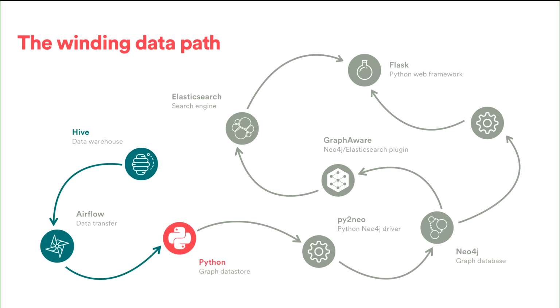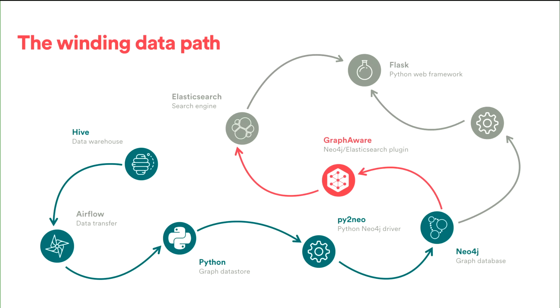And in that, we compute the PageRank of the graph, and this significantly improves the search ranking. The data is then pushed into Neo4j, which is a graph database, using PyTornado, which is a Neo4j driver. And so, as I said, Neo4j is our graph database. It stores all the nodes and relationships.